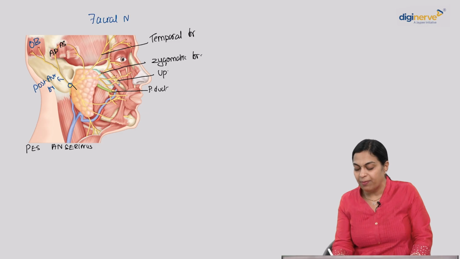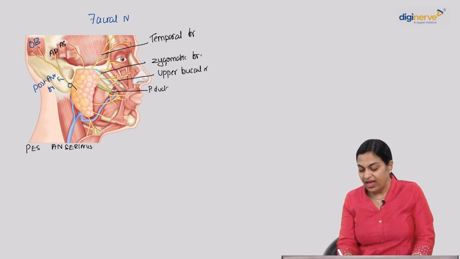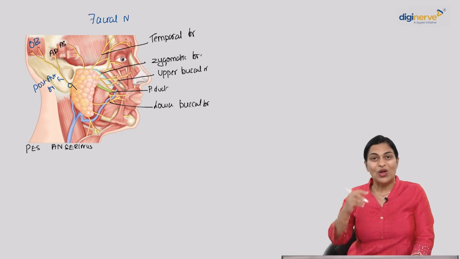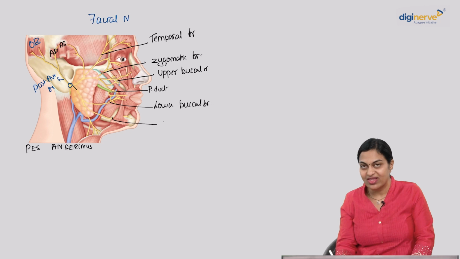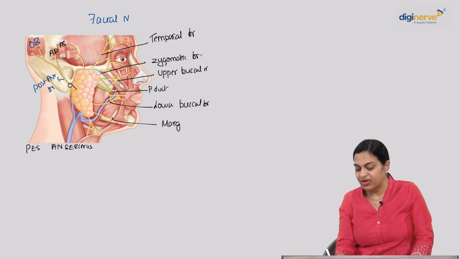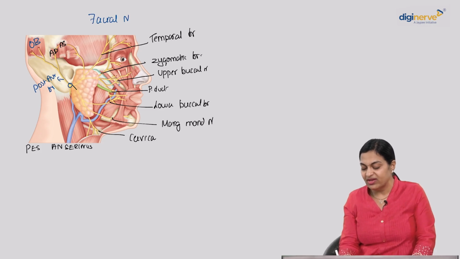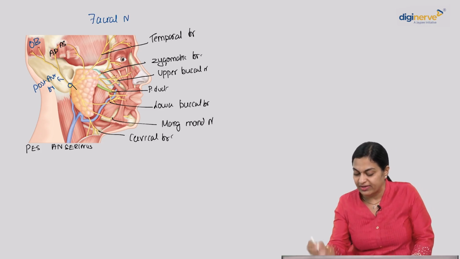Above that is the upper buccal branch, and below that is the lower buccal branch. Running along the mandible is the marginal mandibular branch of facial nerve. Towards the neck is the cervical branch of facial nerve.